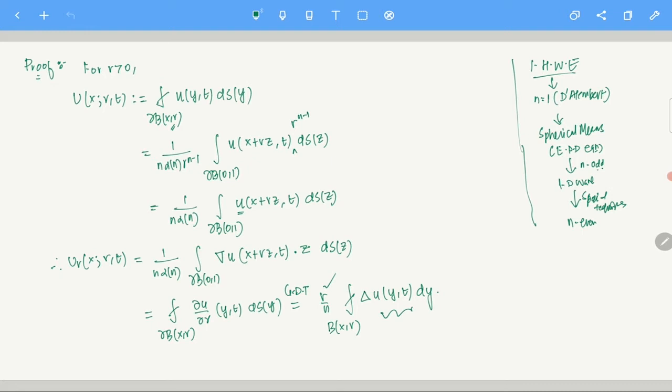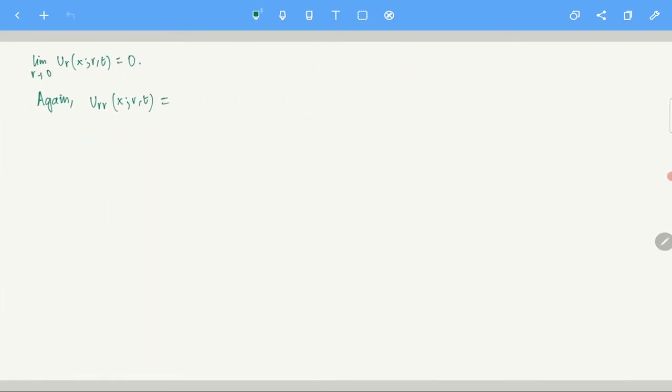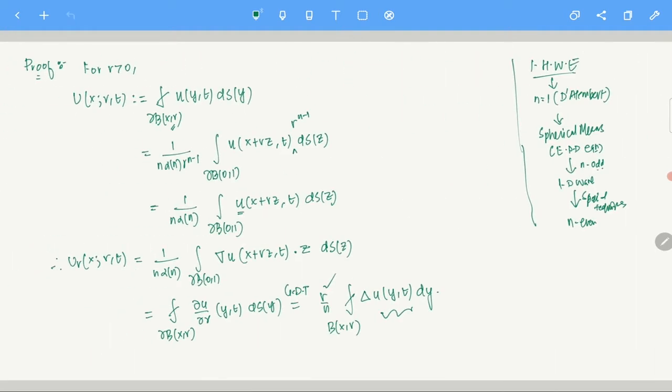See, u_r is the average of this, right? So I will break this up and write it like this. This is what I need to find. What is u_rr? So u_r, I can write it like this, right? Integral over B(x,r) of Laplacian of u(y,t) dy.